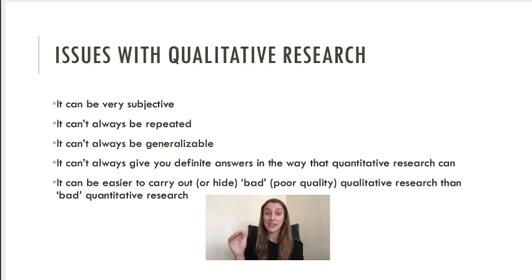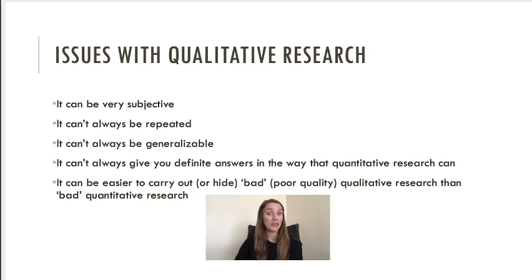And remember, we never get definite answers, all right? But what we mean here is that we don't get a nice and clean p-value at the end of this, right? We don't get a nice sort of conclusion to interpret very easily, like a significance test. This is often more exploratory and just explaining what we found. It can be easier to carry out or hide bad qualitative research than bad quantitative research.